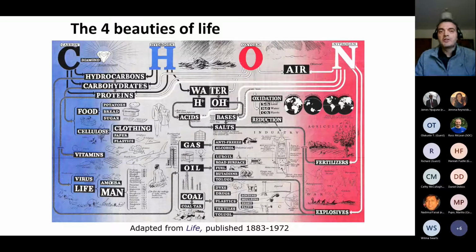So the 4 beauties of life, as I call them, 4 beautiful elements that are important for us as humans and, as I said earlier on, for the Earth. So the first one is carbon, hydrogen, oxygen, and nitrogen.